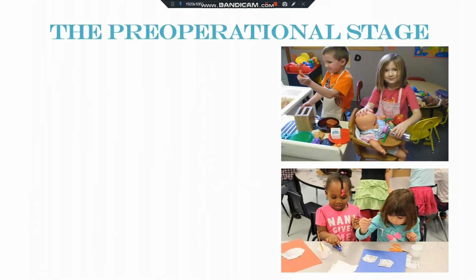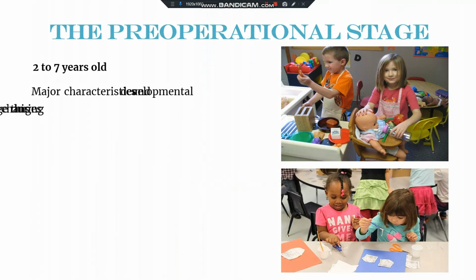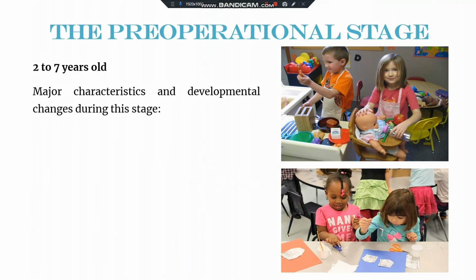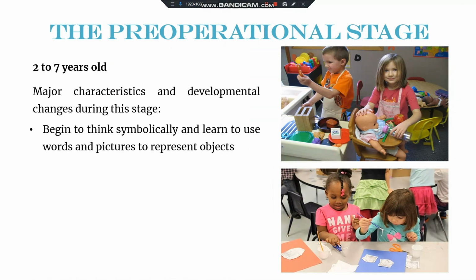So next is the pre-operational stage. This begins from 2 years old up to 7 years old. The major characteristics and developmental changes during this stage are the following. They begin to think symbolically and learn to use words and pictures to represent objects.